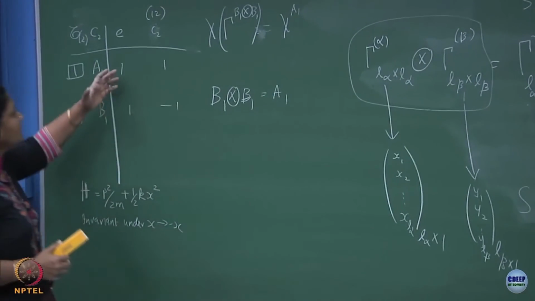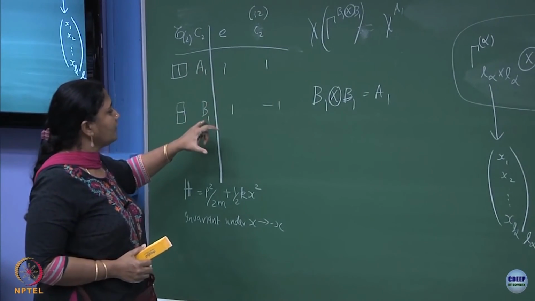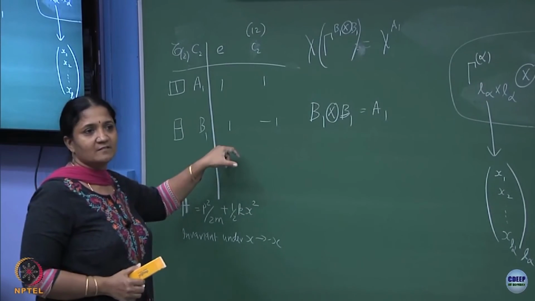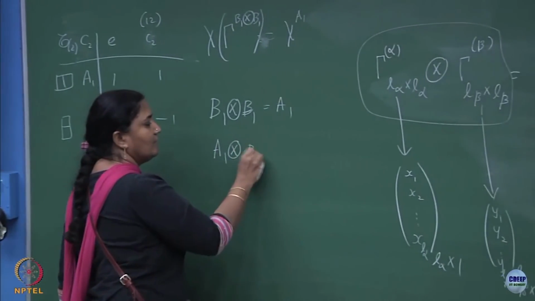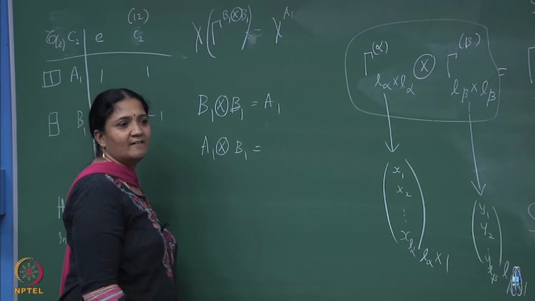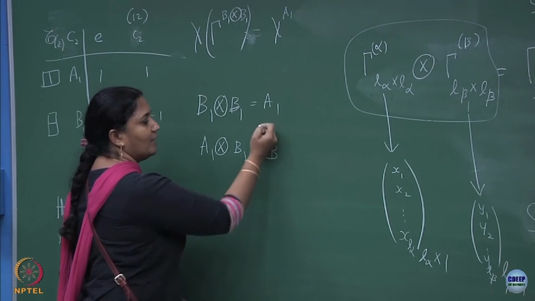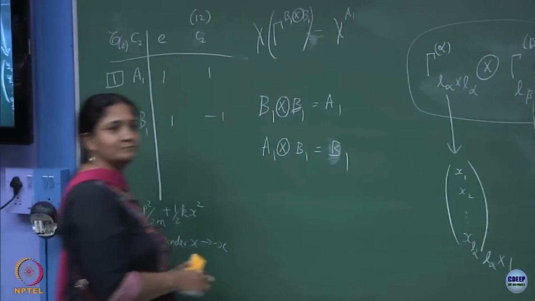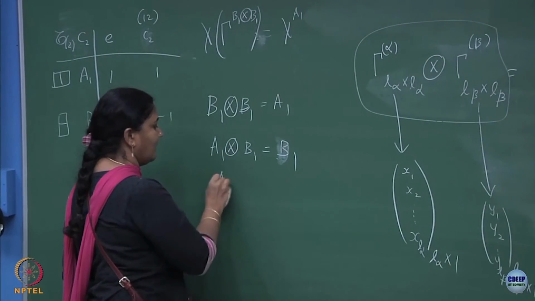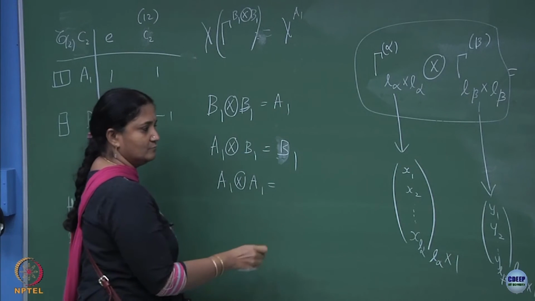Another simple way you can see in one dimension is that the product of these characters will be this. So, now you can blindly write A1 cross B1 will be what? A1 cross B1 is B1, is that right?